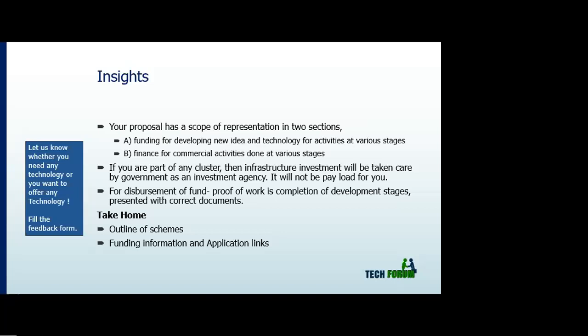If it is already designed and your product has those features, don't worry, put it in. If you don't have those features, explain it's not applicable for you. No issues about it. Then if you are part of any clusters, infrastructure investment will be taken care of by the government. And believe me, a huge burden is reduced here.